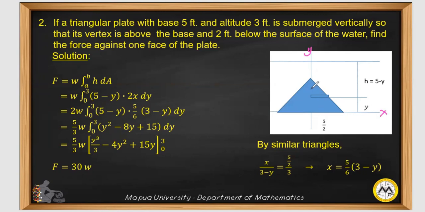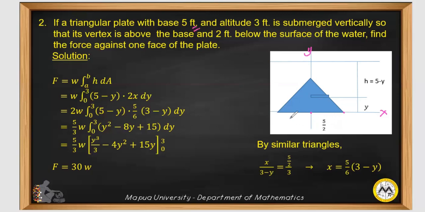Now, since we have a triangular plate with base 5 feet, let the vertex of the triangular plate be on the y-axis for convenience. So if this is the base of the triangular plate, then the distance from the origin up to this point is 5 over 2, since the base of the triangular plate is 5.